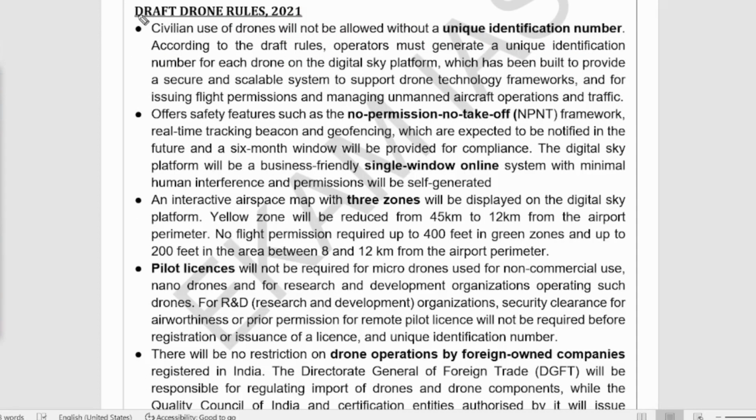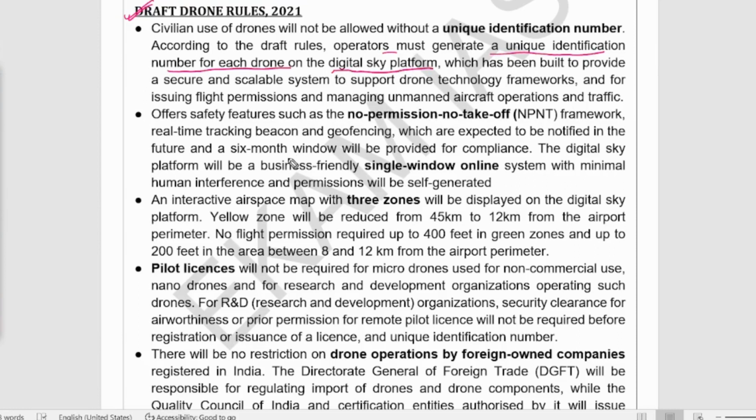Let us now move on to discuss the features of the Draft Drone Rules 2021. According to the Draft Drone Rules, every operator must generate a unique identification number for each drone on the Digital Sky platform. Now, what is the Digital Sky platform?